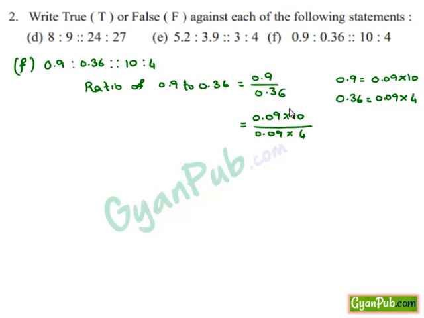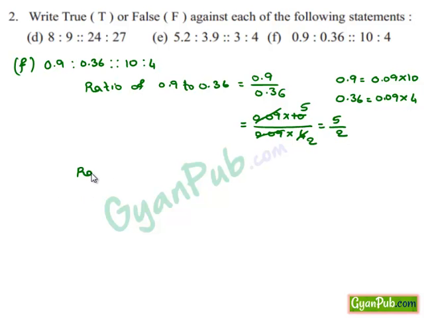Here 0.09 in the numerator and 0.09 in the denominator gets cancelled, and on further simplification 2 goes in 10 by 5 times and in 4 by 2 times, which gives the ratio of 0.9 to 0.36 as 5 upon 2.